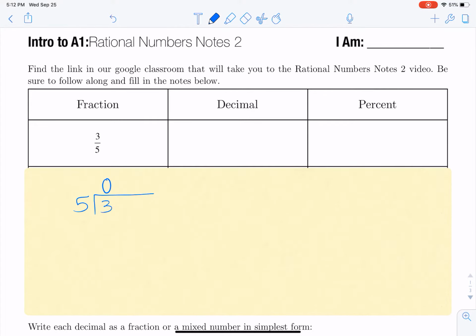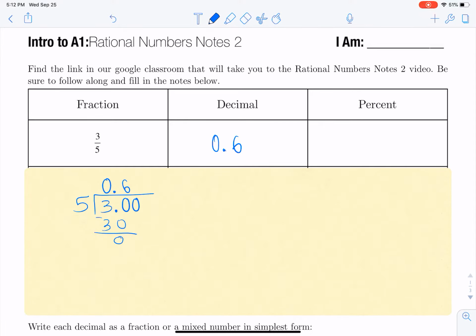Well, 0. So I need to start adding my decimal places so I can create that decimal. Now, how many 5s are in 30? There are 6, and 6 times 5 is 30. I can subtract and get 0. And here is my answer, 0.6.